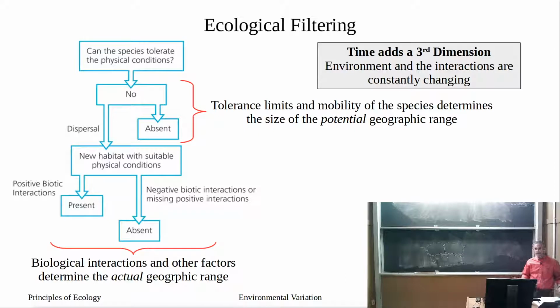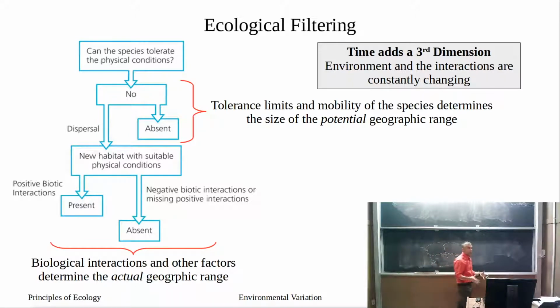The law of tolerances. You've got your precipitation, your climate, your substrates. That sets up the parameters and says, okay, if our organism can survive these conditions, then our organism can be there. But we're not done.